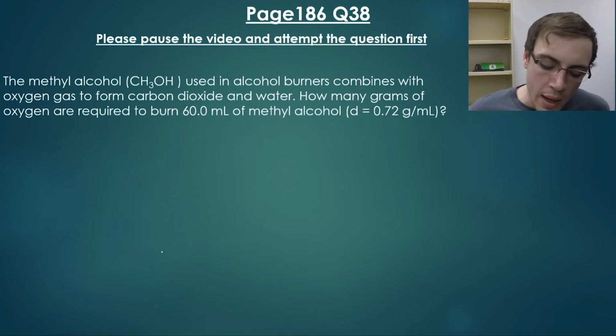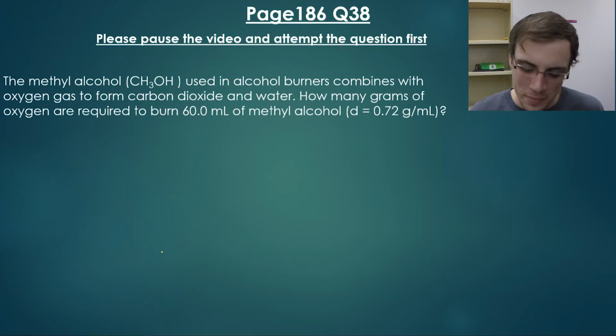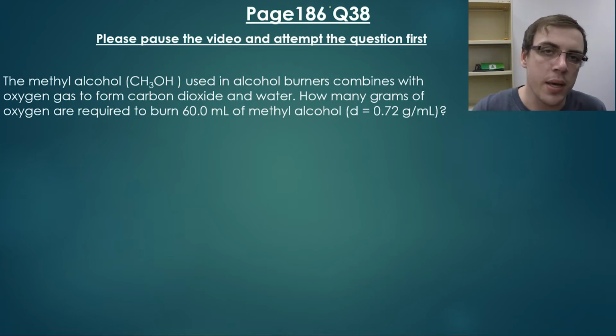So let us look now at page 186, question 38. So again, pause this question, give it a go yourself, and press play, we'll work through it. So, the methyl alcohol used in alcohol burners combines with oxygen gas to form carbon dioxide and water. Now, a bit of a pro tip here.